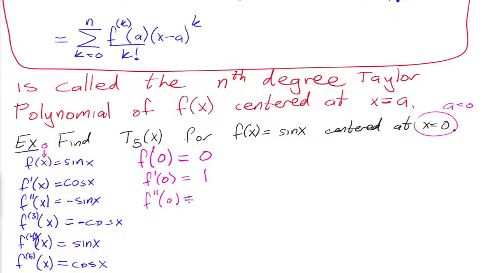Second derivative at 0 is negative sine of 0, which is again 0, right? The third derivative at 0 is equal to negative 1, right? Fourth derivative is, again, 0, and then the fifth derivative is positive 1.